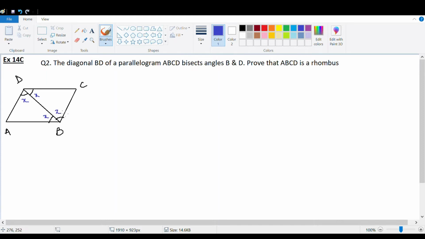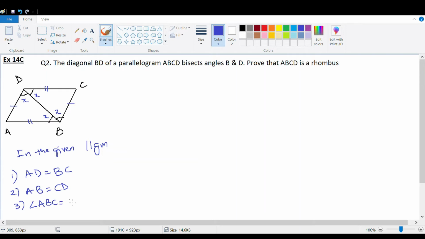Let's write this down. So in the given parallelogram, number 1, this side and this side are equal, and this side and this side are also equal because it's a parallelogram. So let's just write that down. AD is equal to BC and AB is equal to CD. Number 3, angle ABC is equal to angle ADC.